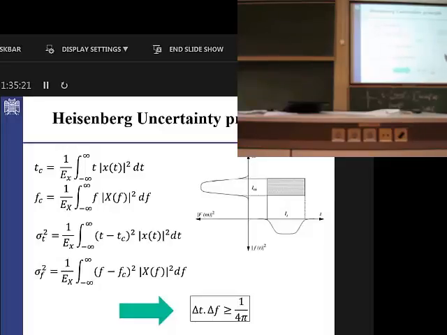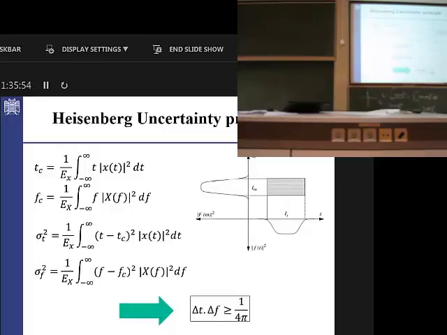We can assume that this is a kind of surface. Considering that delta t is the standard deviation, so it's the square root of this variance, and the same for delta f, which is the square root of the variance of the frequency. Heisenberg proved that the time resolution times the frequency bandwidth satisfies the inequality of 1 over 4 pi.